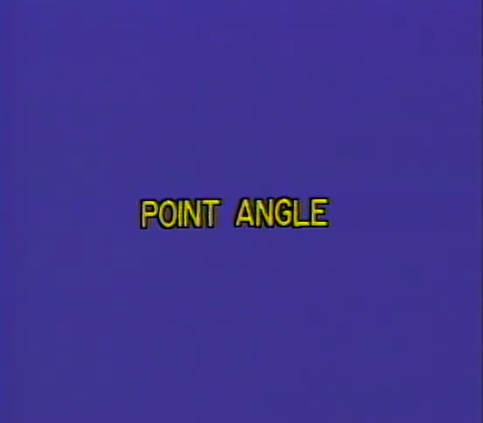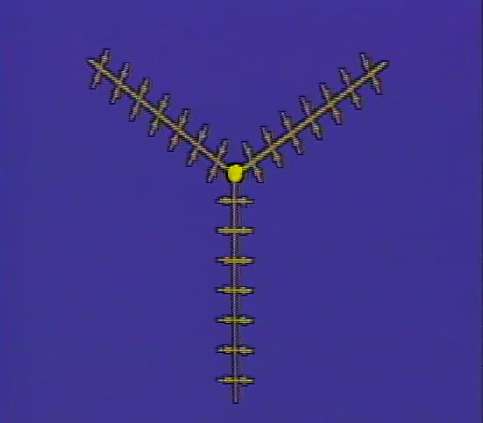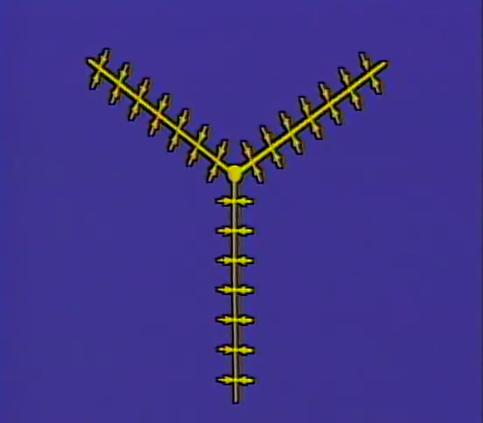Point angle. A point angle is the point at which the junction of 3 surfaces occurs and takes the name of those involved surfaces. There are 4 point angles demonstrated on each crown.